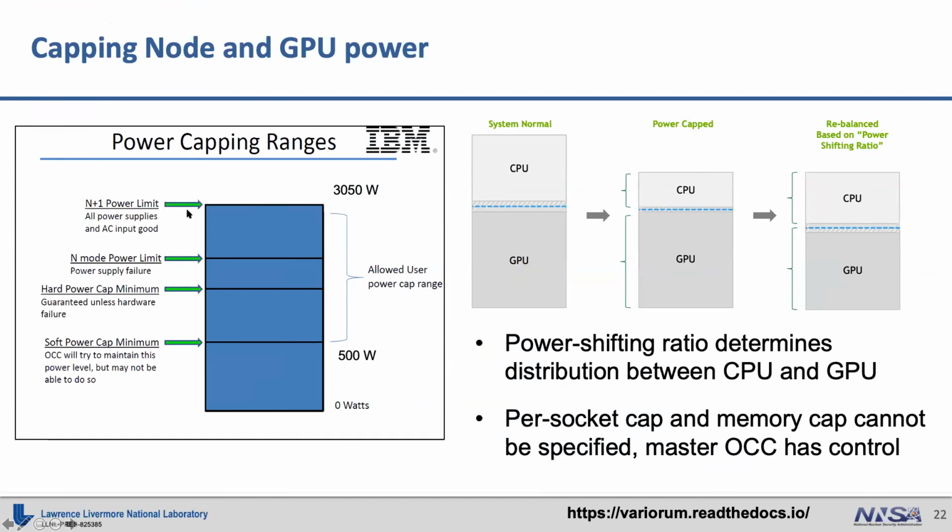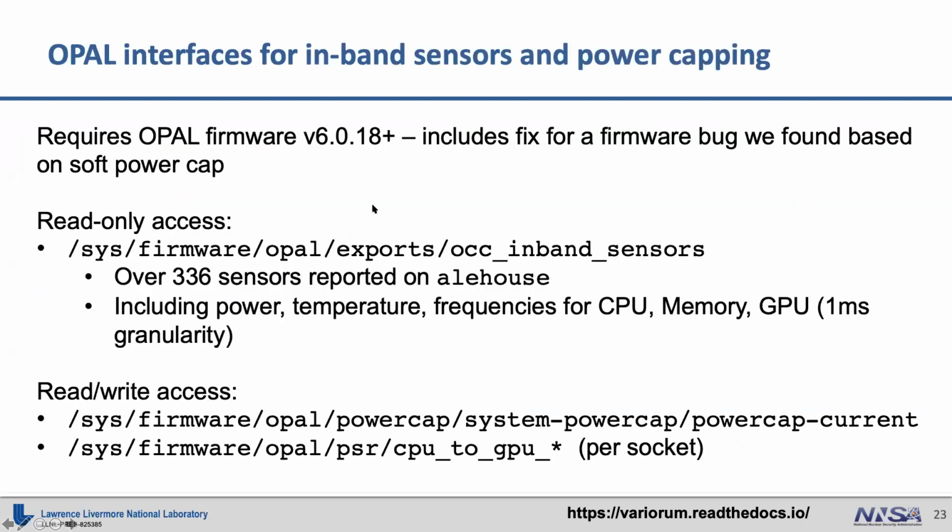And here's a picture that nicely shows the limits on the IBM system, the Power 9 system that we have at least at Lawrence Livermore, which is a system with 4 GPUs on it. You have a soft power cap, a hard power cap minimum, and a maximum power limit. And OPAL uses in-band sensors for exposing different power values.